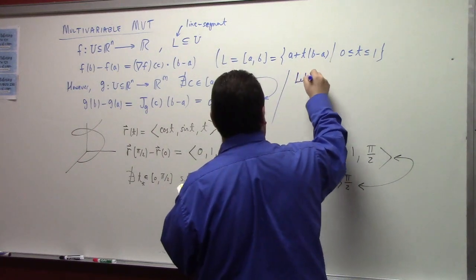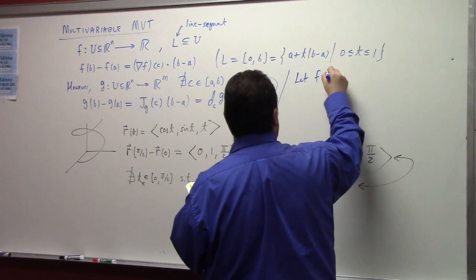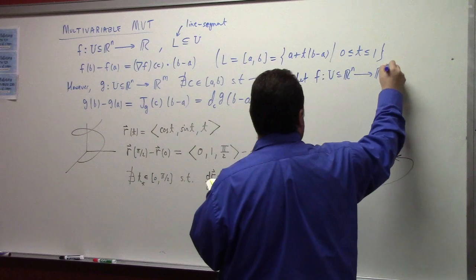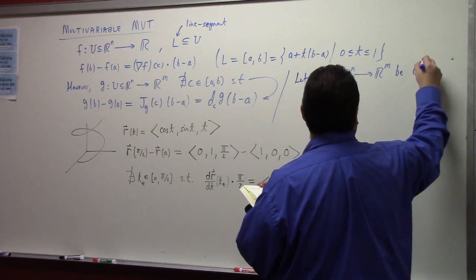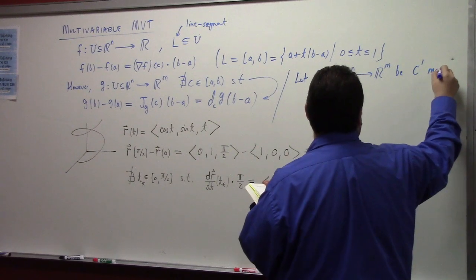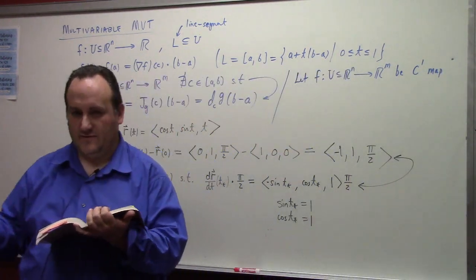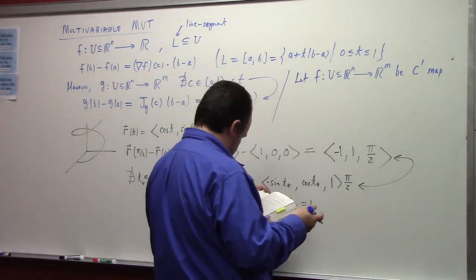Let f from U, a subset of Rn, to Rm, be a C1 map, which means it has a derivative which exists and continuously so. So it's a continuously differentiable map.